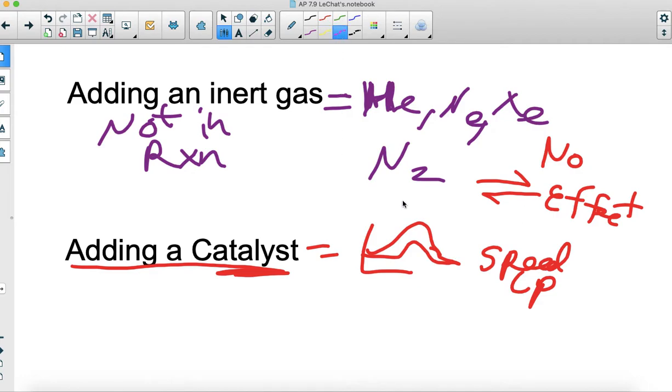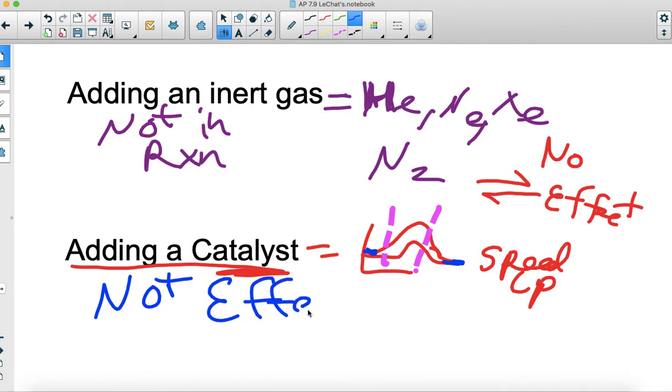Catalysts affect the pathway in here, but they don't affect either end out here. They don't affect the relative energy level of your products or reactants. And so therefore adding a catalyst is also not going to affect equilibrium. It may get you to equilibrium faster, but the equilibrium position you're going for is not going to change.